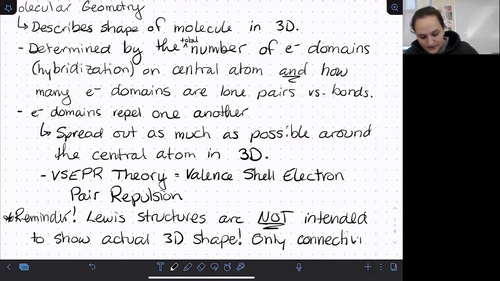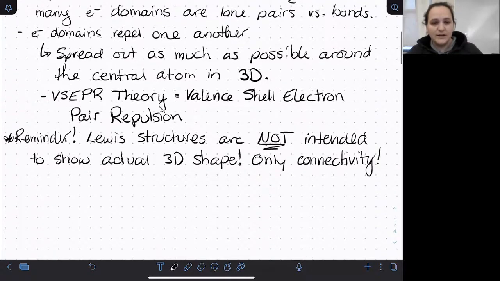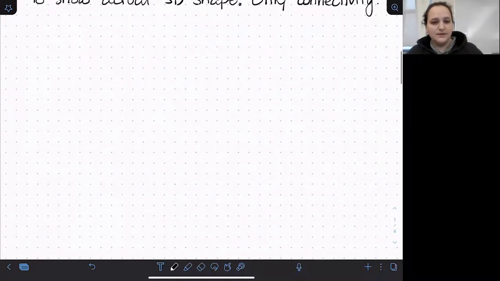They only show us the connectivity of an atom, where are the bonds, where are the lone pairs, but they don't actually give us any information about what it looks like in 3 dimensions. For that, we need to take our Lewis structure and apply this understanding of VSEPR theory that my electrons are going to spread out as much as possible, and we get a whole collection of shapes.